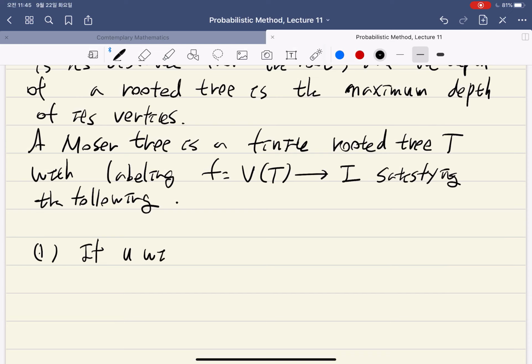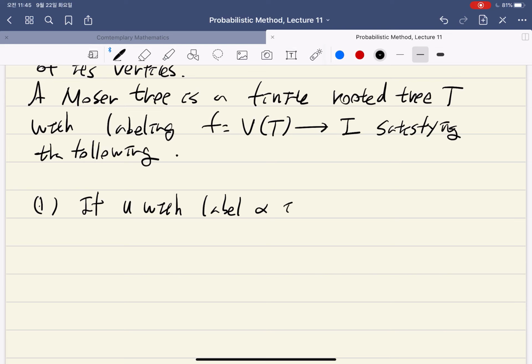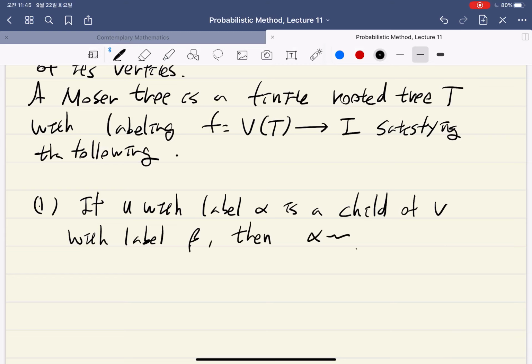If U with label alpha is a child of V with label beta, then alpha and beta are related.